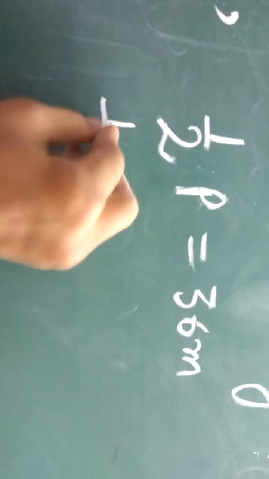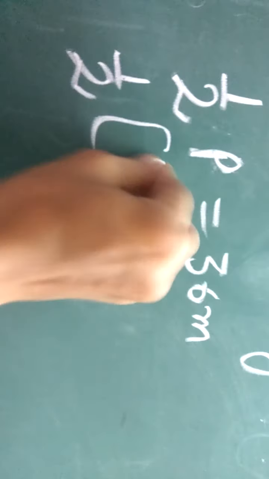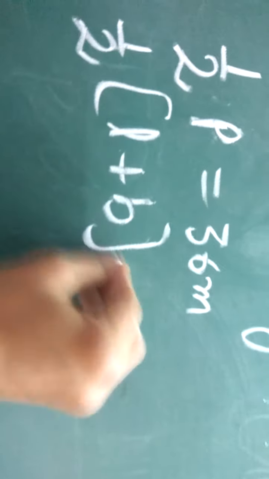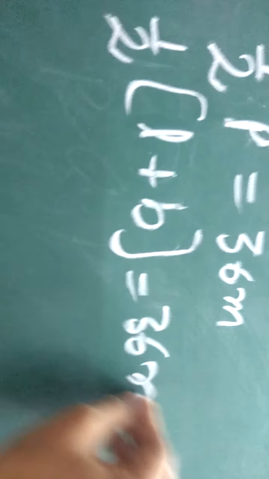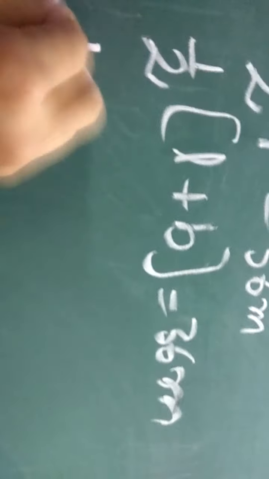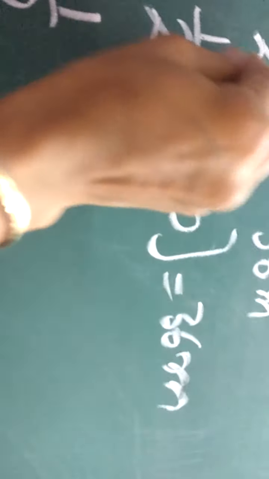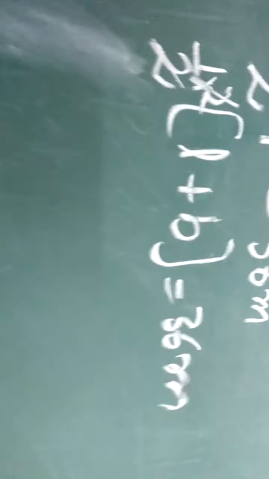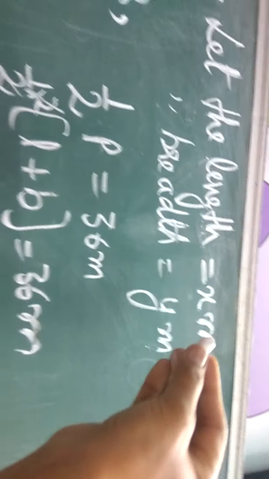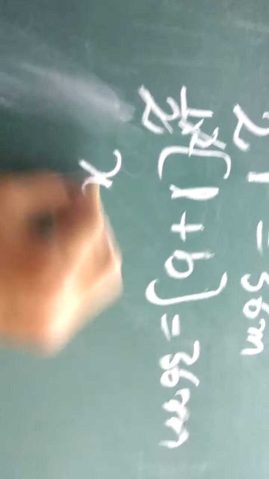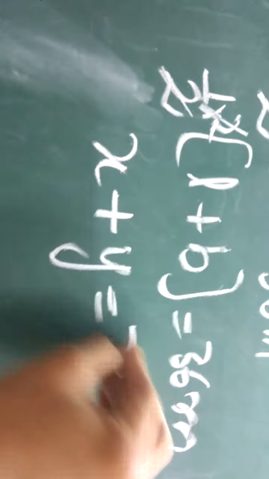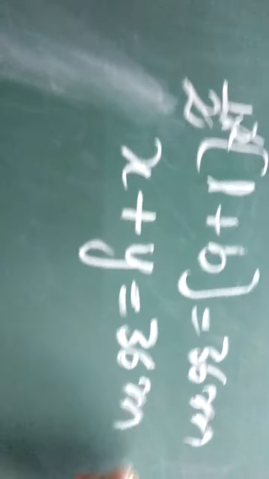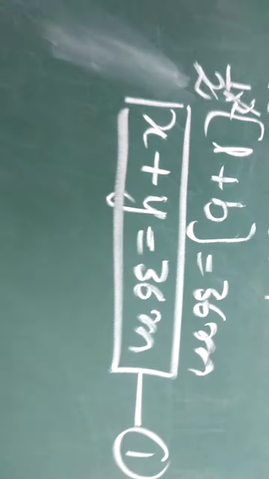Perimeter formula is half into 2 into L plus B is equal to 36 meter. So 2 and 2 will cancel, and let us put the values of L and B. L is x and breadth is y. So x plus y is equal to 36 meter. So this is your first equation.